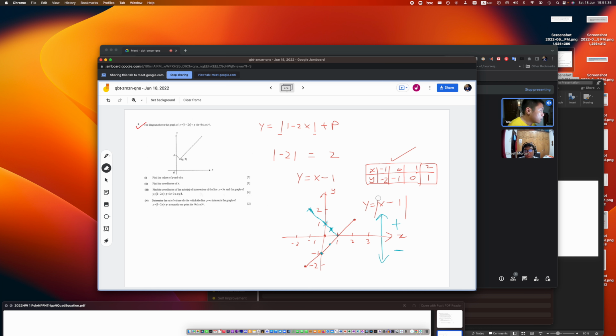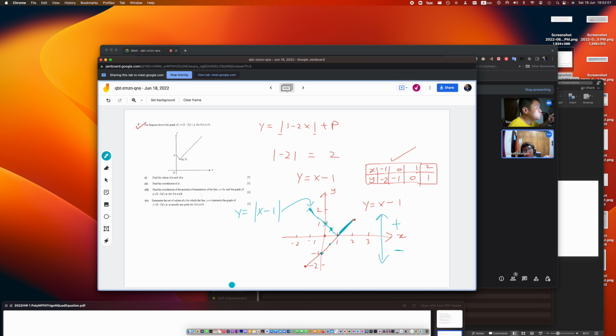So the red one is your y equals to x minus 1. Now I'm going to use blue because I want to draw the y equals to modulus x minus 1. So the blue line plus the red line is my y equals to modulus x minus 1.